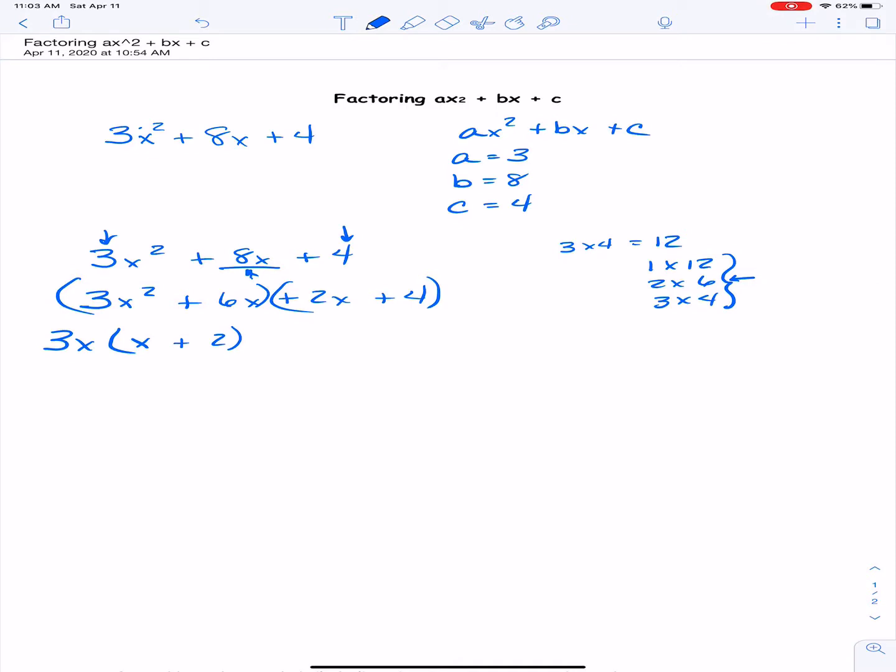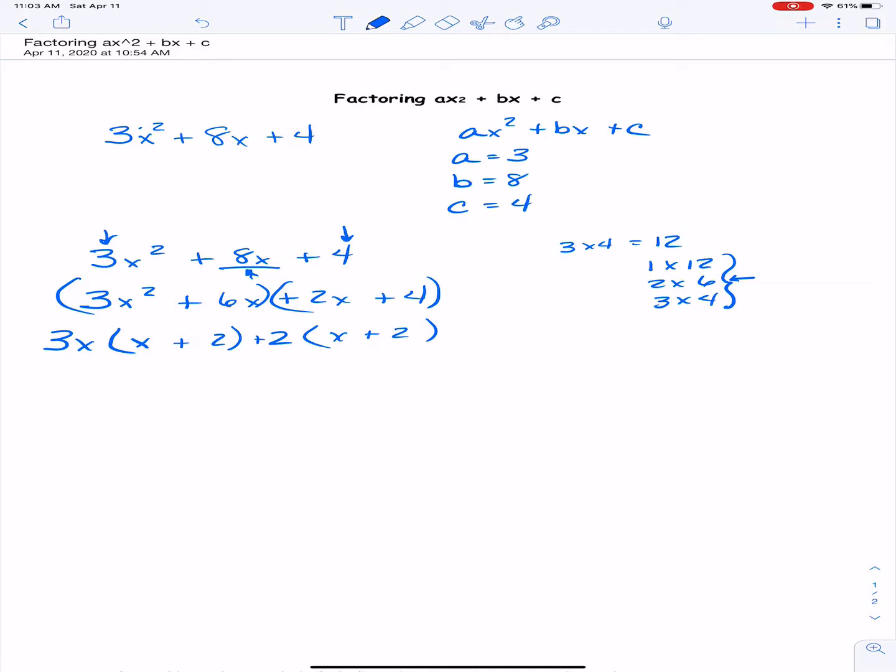If you have factored this correctly, this group right here will be the same over here. All we have to do now is ask ourselves, what do I take out of 2x plus 4 to get x plus 2? And we know that that is a positive 2.